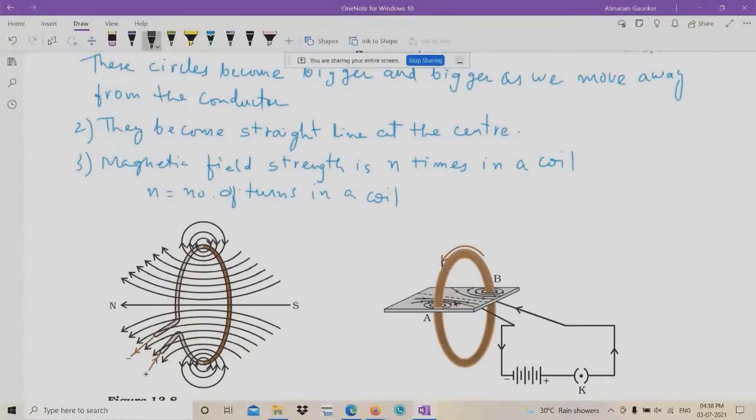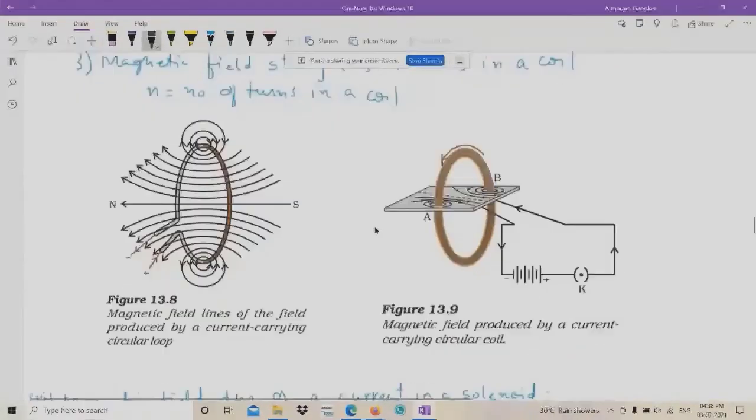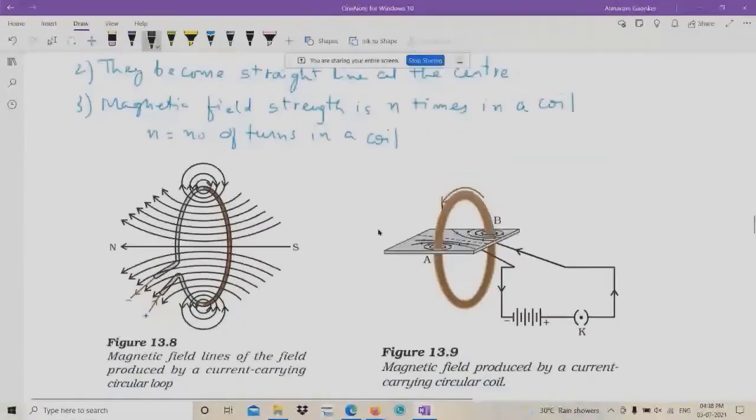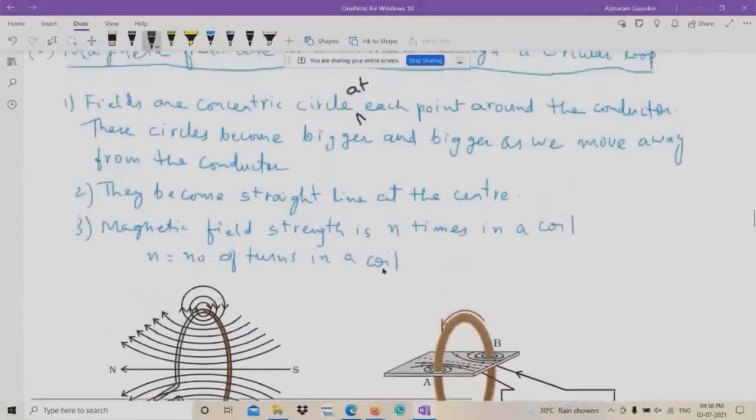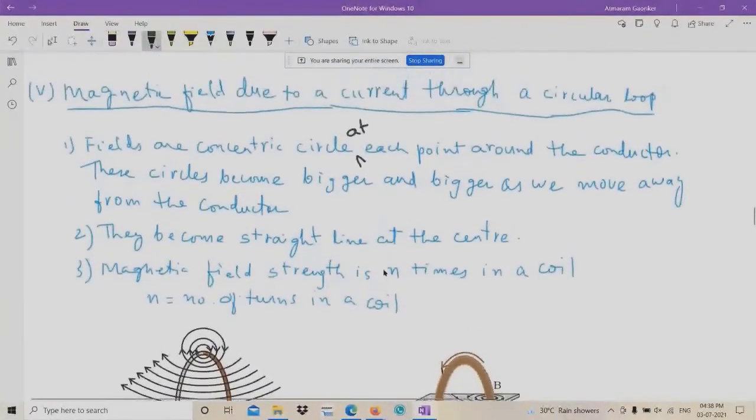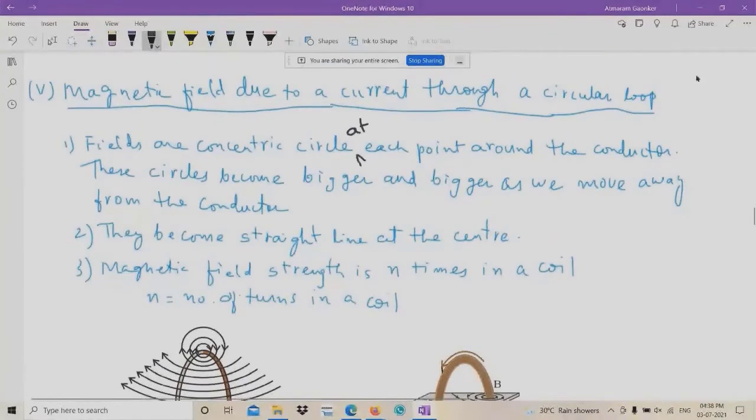As we move away from the conductor, these concentric circles become bigger and bigger, and at the center it is a dash line, which appears as if it is a straight one. So these are the three points you have to remember for the field due to current through a circular loop.